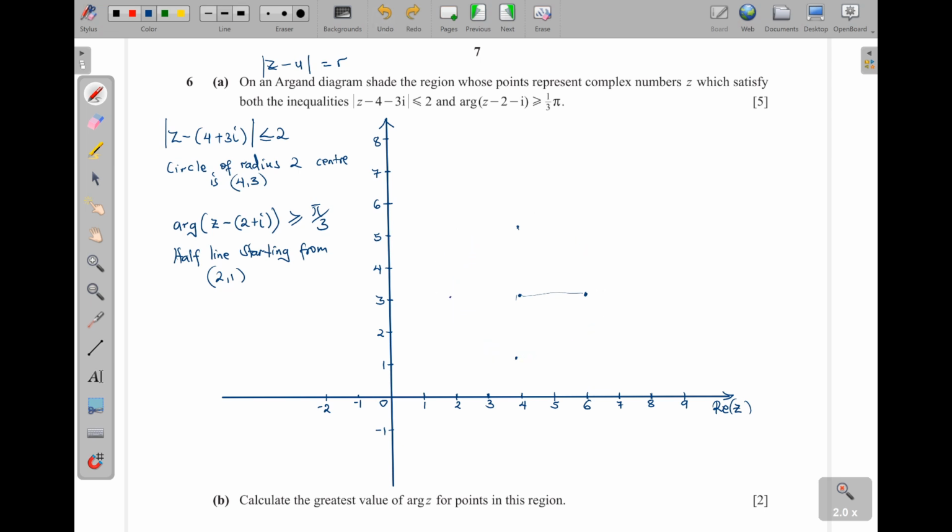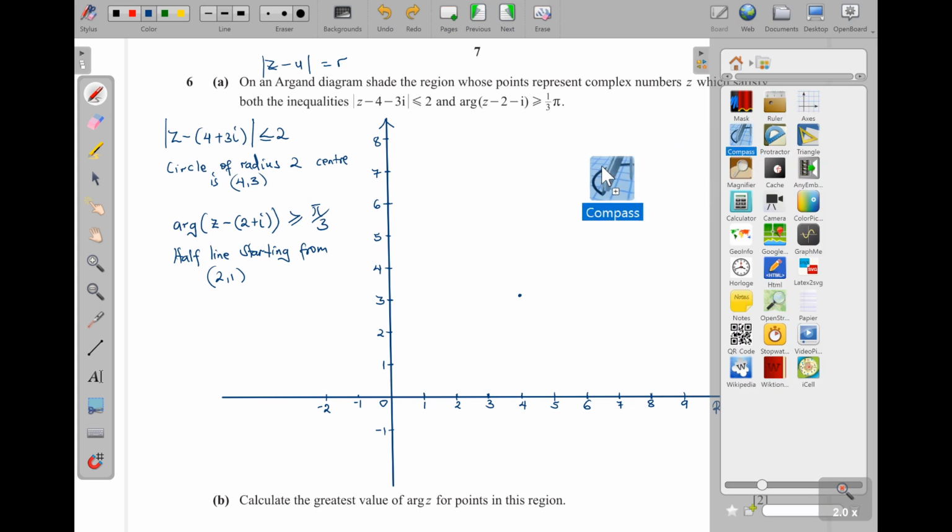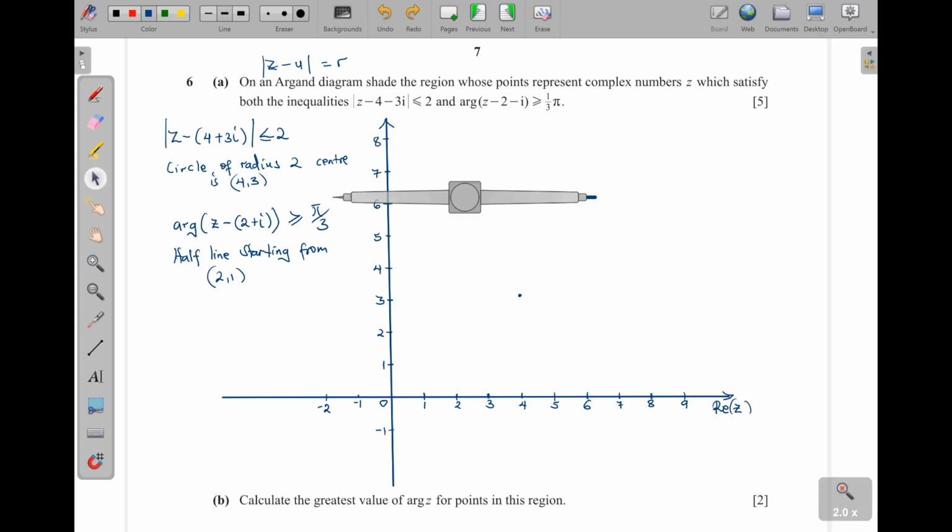All right, so let me get my compass here and then I draw. The radius is 2, but my compass cannot reach up to 2 centimeters. So I'll just put it at 4 and then I'll diminish later.